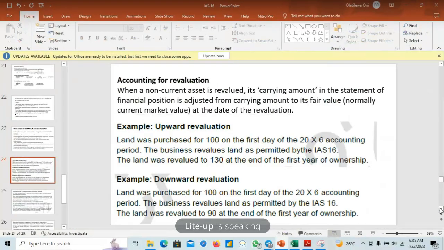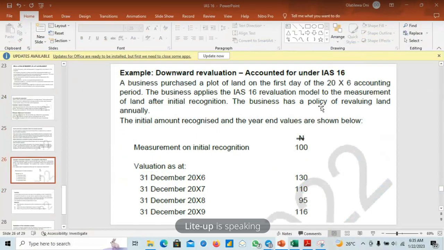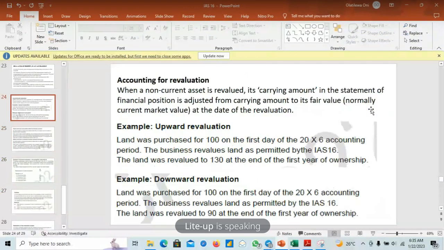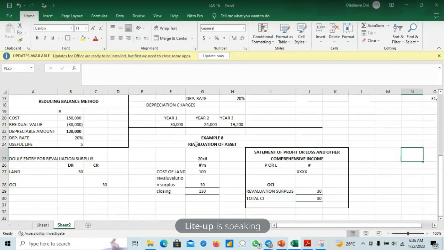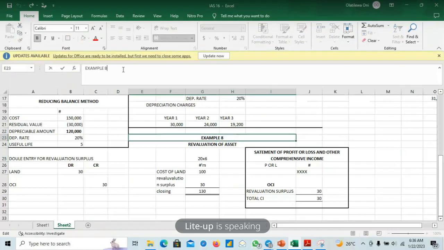So when the valuation is revised downward, let me quickly do that before it is 6:40. This second example, we talk about downward revaluation. Land was purchased for 100 million on the first day of the 2026 accounting period. The business revalues the land as permitted by IAS 16. The land was revalued to 90 at the end of the first year of ownership. How do you treat downward revaluation? So this is example 8, upward revaluation.